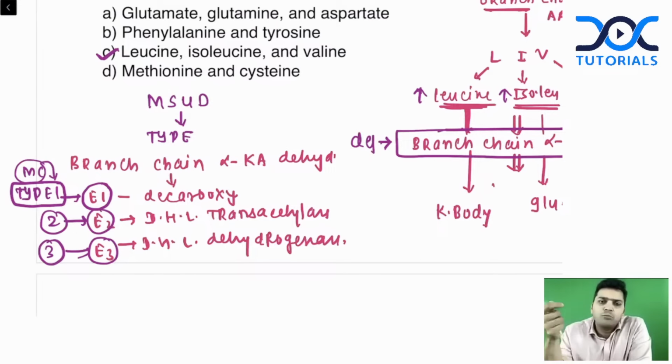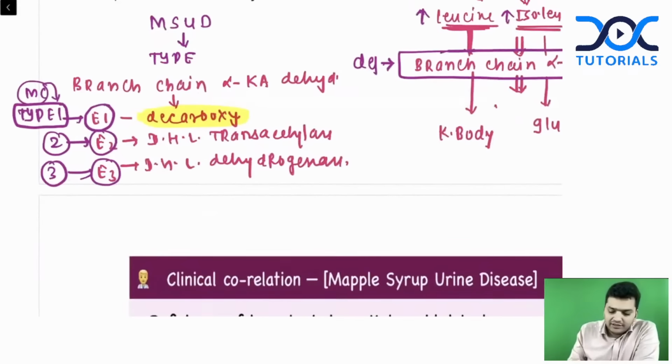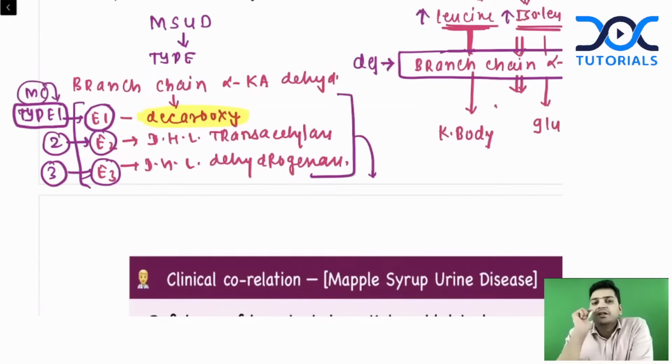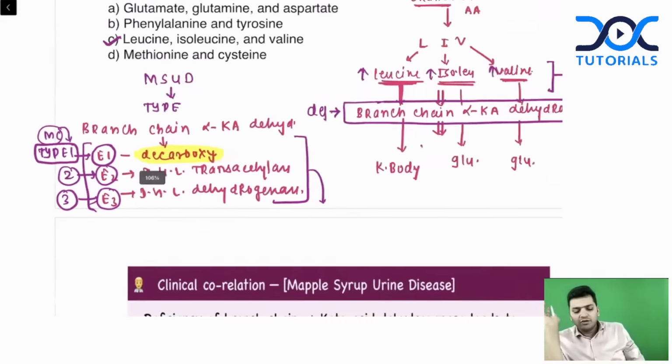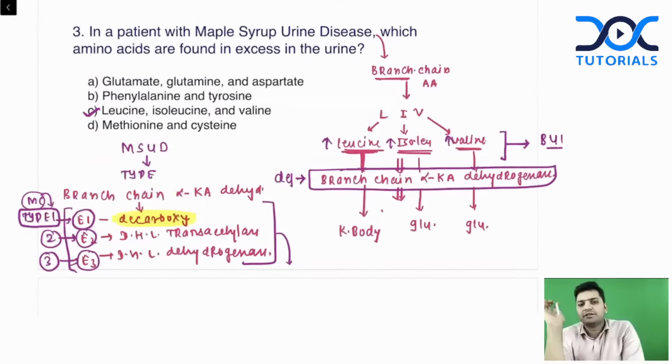Since the most common is E1 deficiency, and E1 is doing decarboxylation, the main reaction that is defective is the oxidative decarboxylation. So if they have not mentioned any type and just ask which main reaction is defective, it is going to be the oxidative decarboxylation. Okay, this is maple syrup urine disease.